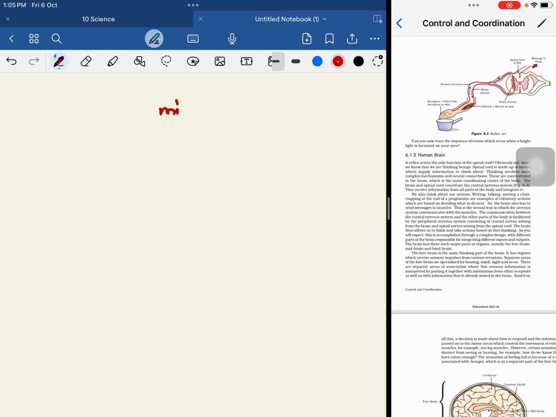And the midbrain has a special structure. So I will tell you about the medulla.